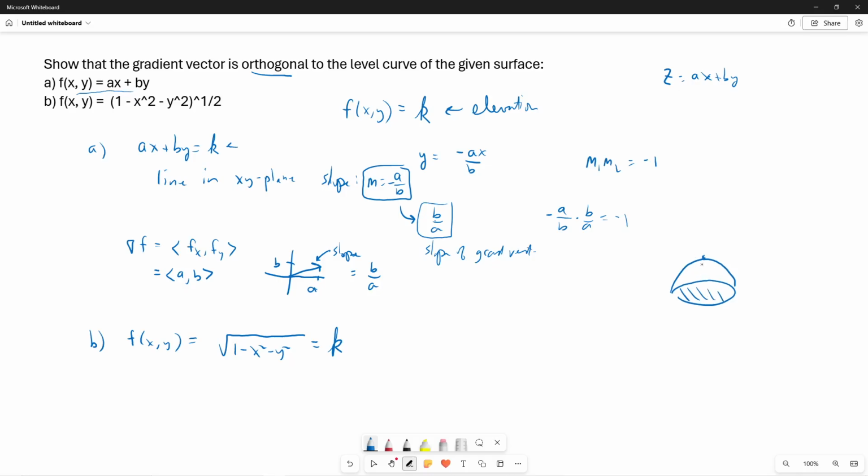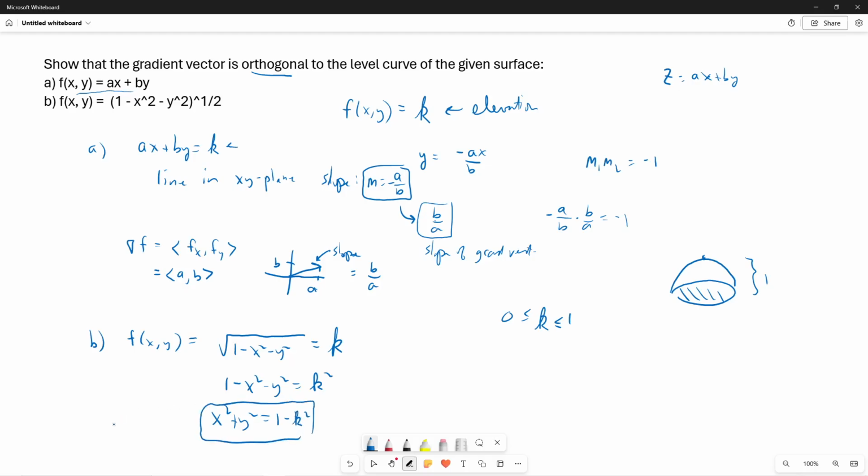And the maximum height is 1, so the number k has to be between 0 and 1. And let's see, what is this equation giving us in the xy plane? If we square both sides, 1 minus x squared minus y squared is equal to k squared. And we can write this as x squared plus y squared is equal to 1 minus k squared.